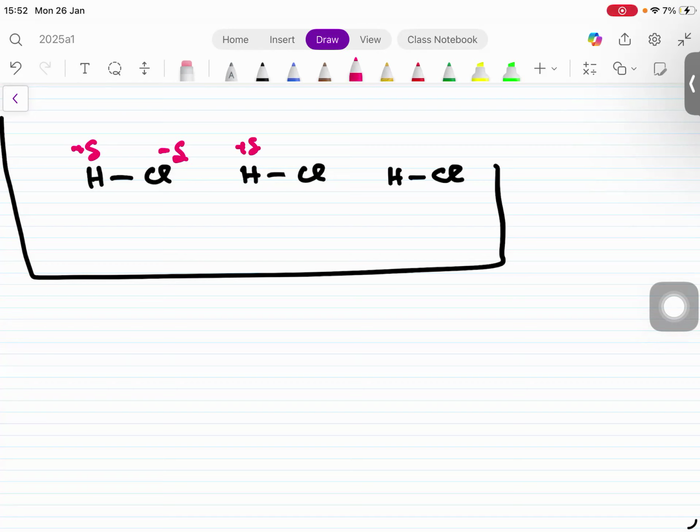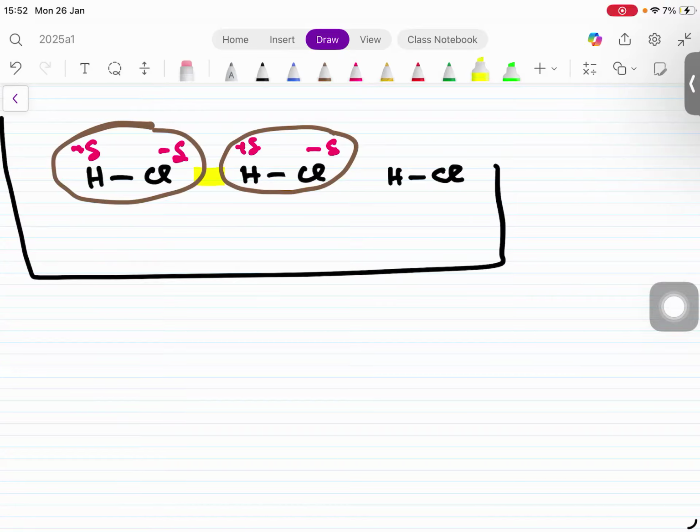That's pretty much straightforward. The positive end of one molecule naturally attracts the negative end of the other molecule, because the dipole's positive end is going to attract the other dipole's negative end. This is the intermolecular force that is formed between these two molecules.